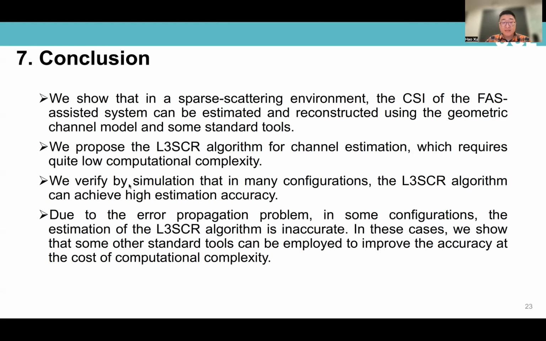We verify by simulations that in many configurations, the L3SCR algorithm can achieve high estimation accuracy. Due to the error propagation problem, in some configurations, the estimation of the L3SCR algorithm is inaccurate. In these cases, we show that some other standard tools, such as the OMP scheme, can be employed to improve the accuracy at the cost of computational complexity.